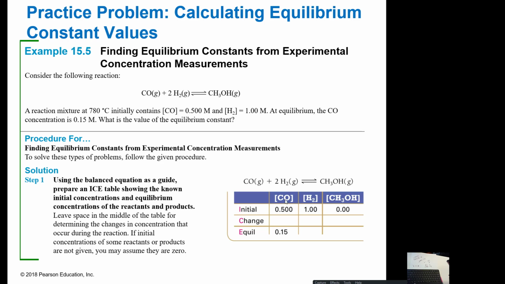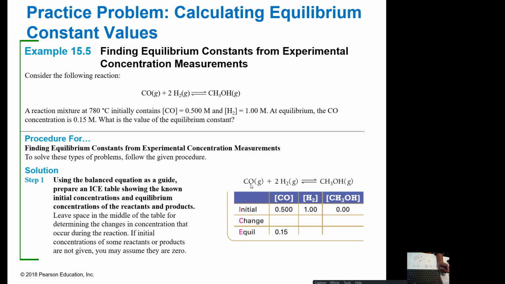Initially, at the beginning of the reaction, you have carbon monoxide 0.5, hydrogen 1. At equilibrium, the carbon monoxide concentration we know, which is 0.15. What is the change? Change is 0.35, right? Because at equilibrium you have 0.15 remaining from the 0.5, so 0.35 reacted.